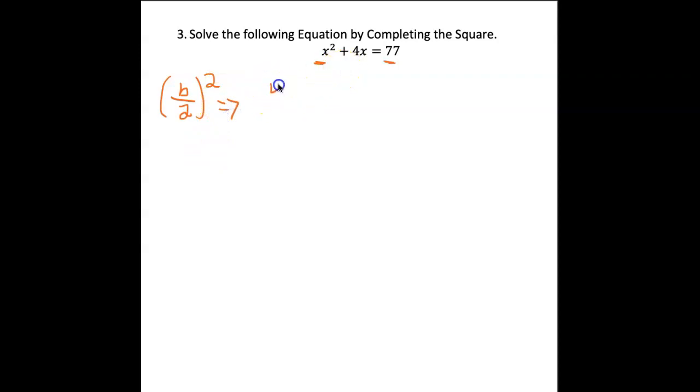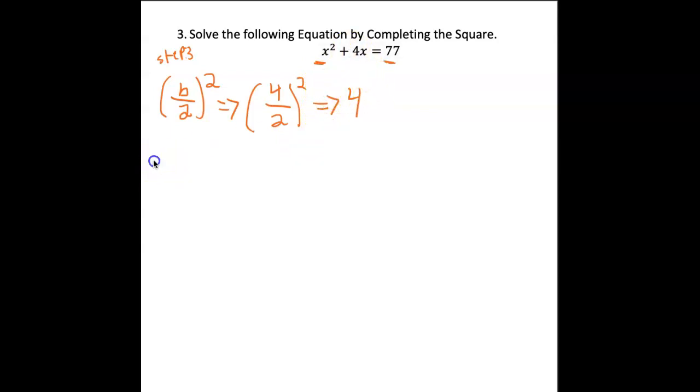Middle term is 4, divided by 2, square it. 4 divided by 2 is 2, 2 squared is 4. So this is step 3. The only reason why it's step 3 is because step 1 and 2 are already done for us, okay? And these are the things that you have to be able to recognize.